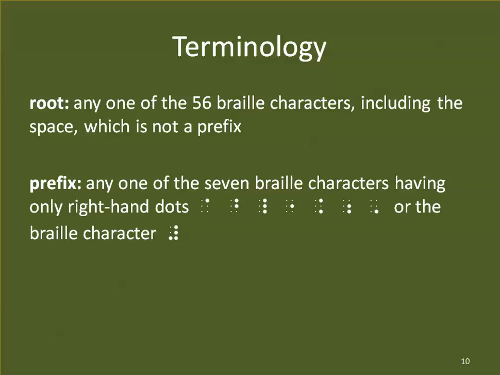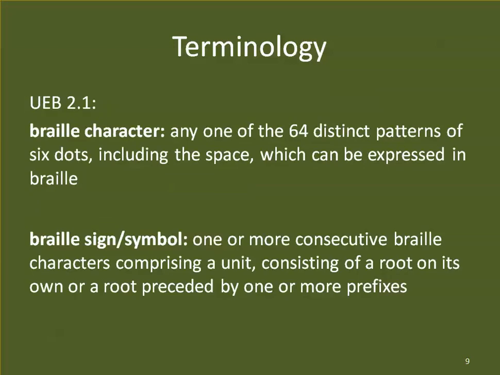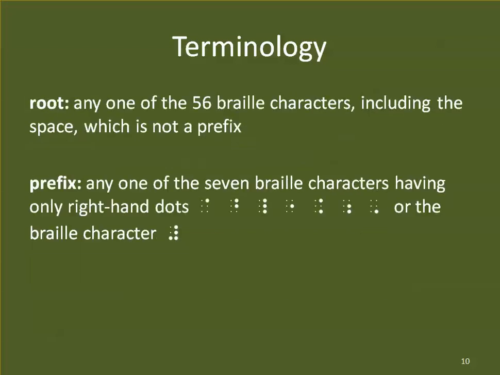A prefix is any of the Braille characters, the possibilities of it within one cell for right-hand dots, or the Braille character which looks like a number sign, but it isn't always, dots 3, 4, 5, 6. So we have roots and prefixes. Prefixes will always come first. They are the right-hand dots, or 3, 4, 5, 6. The prefix comes before a root. And the prefix and root together make, I'll backtrack a bit, a Braille sign or a Braille symbol.